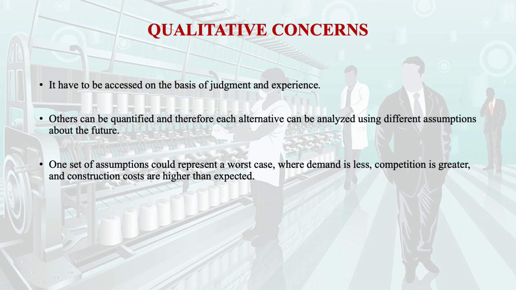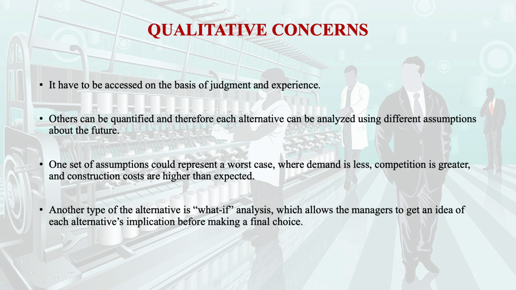Construction costs are higher than expected. Another type of analysis is what-if analysis, which allows the manager to get an idea of each alternative's implications before making a final choice. Now we will see the quantitative concern.